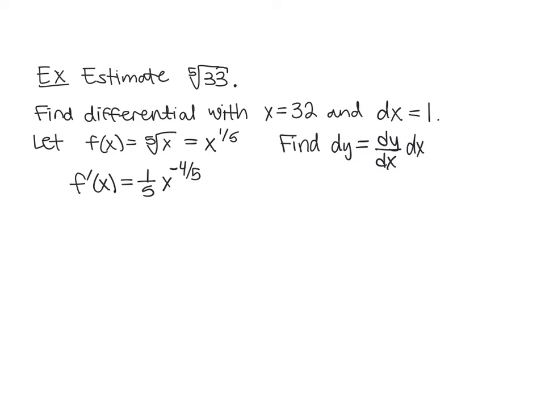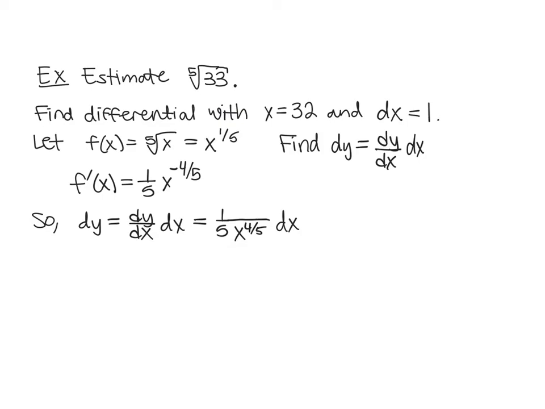Okay, that's the derivative. So we have, from our definition, our differential dy equals dy/dx times dx, our differential, equals 1/5. We'll make the exponent positive by putting it in the denominator, so x to the 4/5 times dx. Now we know some things about our differential.